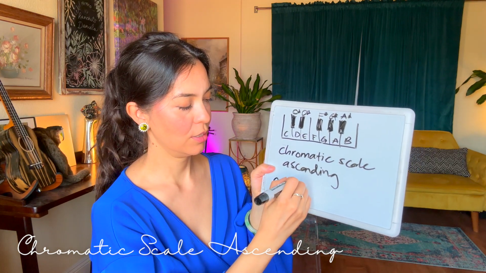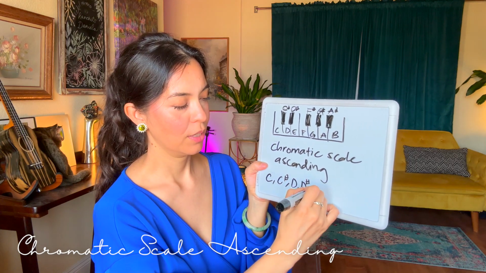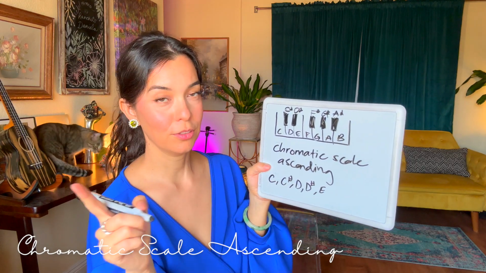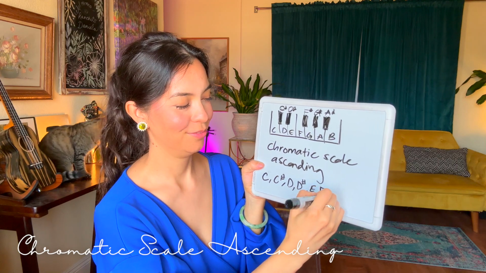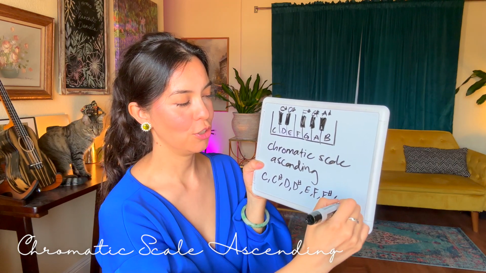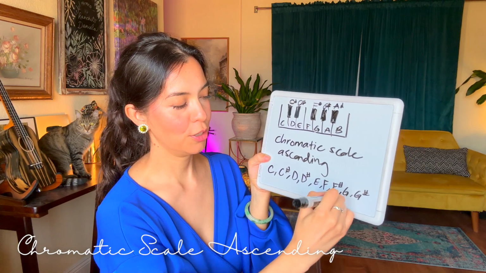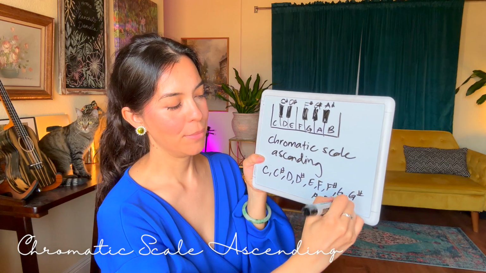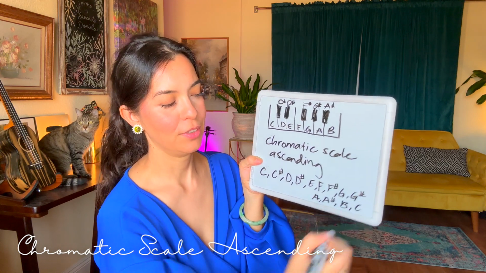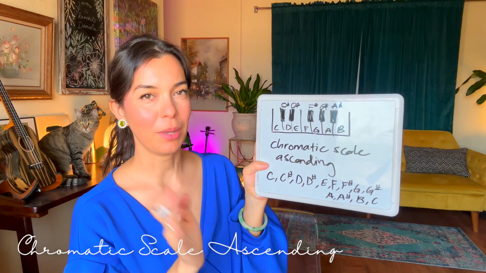C, C sharp, D, D sharp, E, be careful, F, F sharp, G, G sharp, I'm running out of space, I'm going to do it under A sharp, B, be careful, then C.